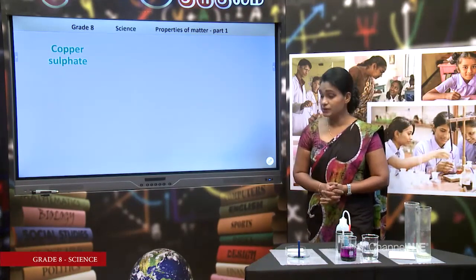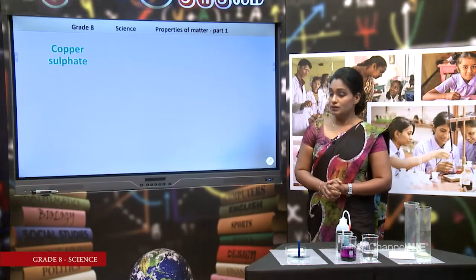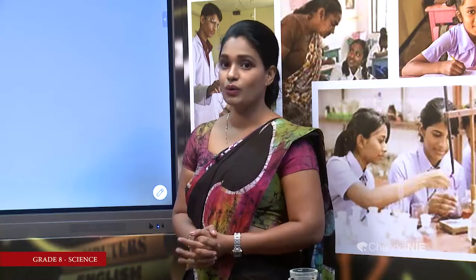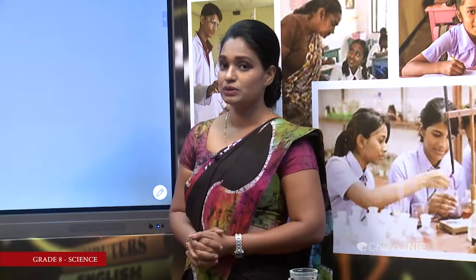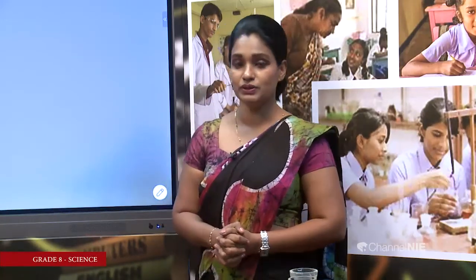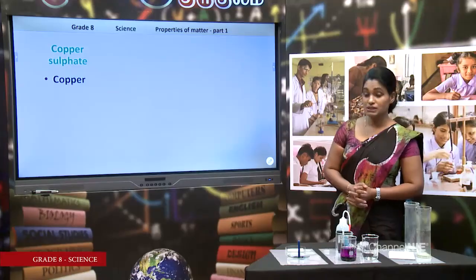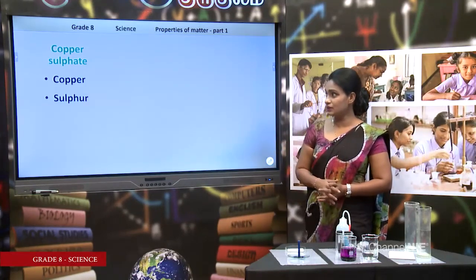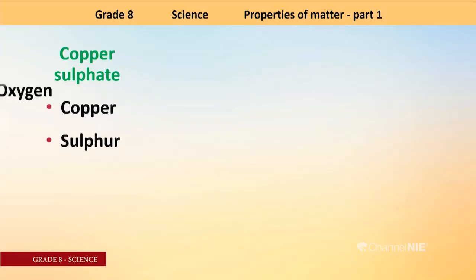You have to tell what are the elements in that copper sulfate. So, what will be the elements? Let us see. The first one should be the copper, you know that. Then from the sulfate it will get sulfur and then oxygen. So, those are the 3 elements that are contained in copper sulfate.